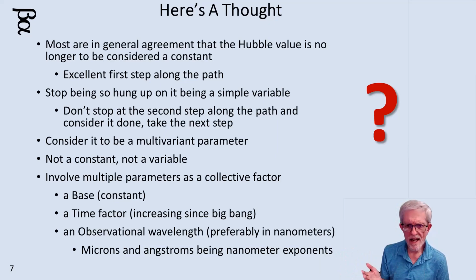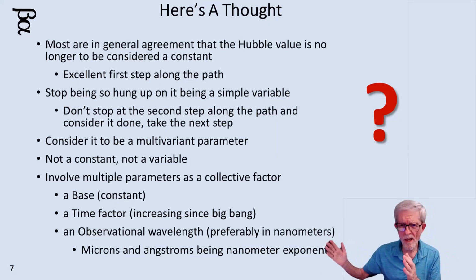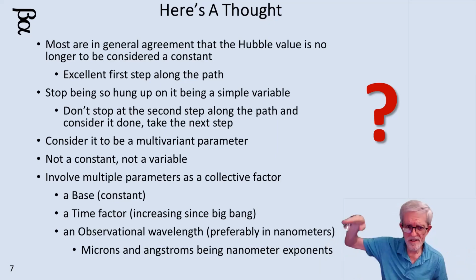Then you need to say, well, at the beginning, at the Big Bang, the acceleration was this, but now we're seeing over time, the acceleration is increasing. So you have a parameter there that says time increases the acceleration of the expansion.